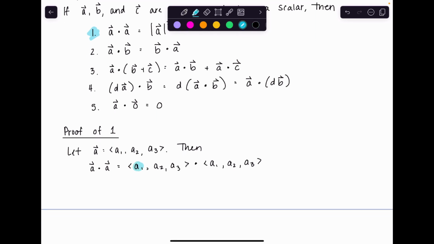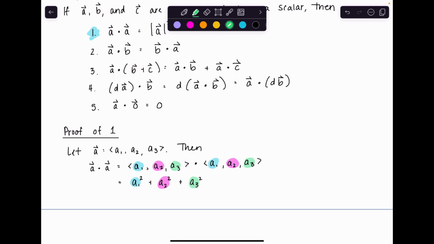So we multiply the first components by each other. That gives us the first component times itself, which is just A1 squared. Then we move on and do the second, A2 times A2, so it is really A2 squared, and we're adding that on. Then finally, the third is A3 times A3, so that is A3 squared.